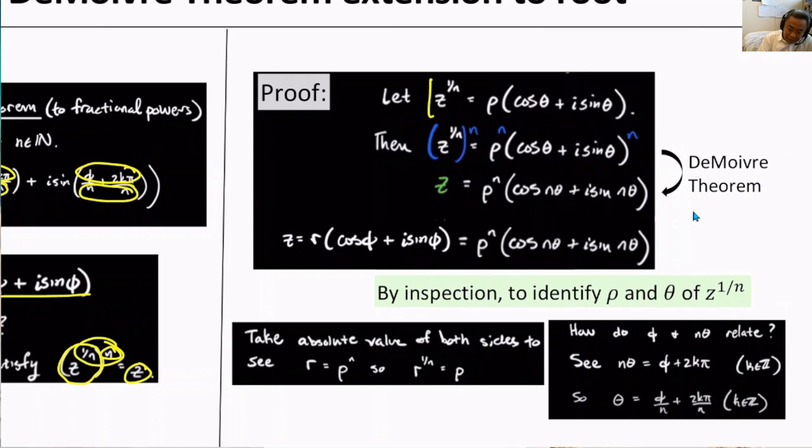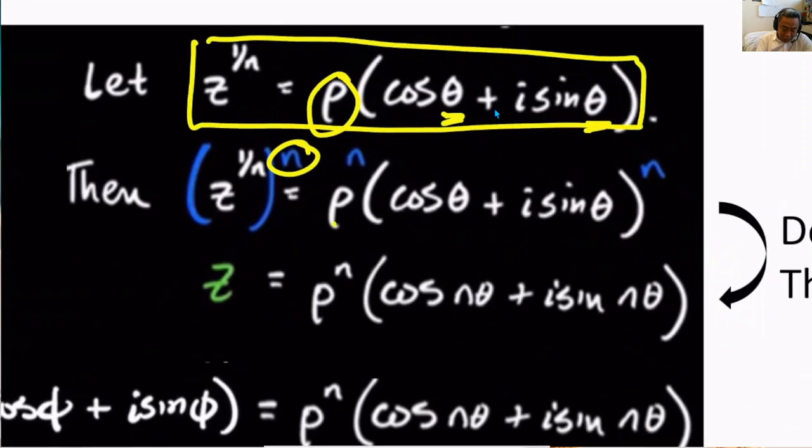We let the solution, or one of the roots, look like rho, the Greek p looks like rho, and theta. If this is one of the roots, and we exponentiate by n, then by De Moivre's theorem, rho becomes rho to the n because we are exponentiating by n.